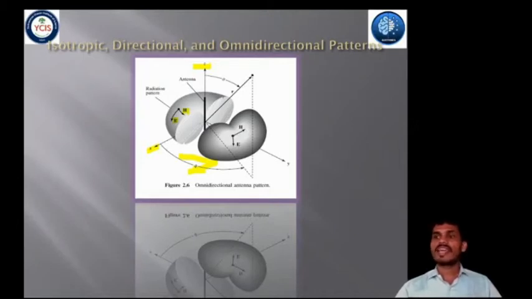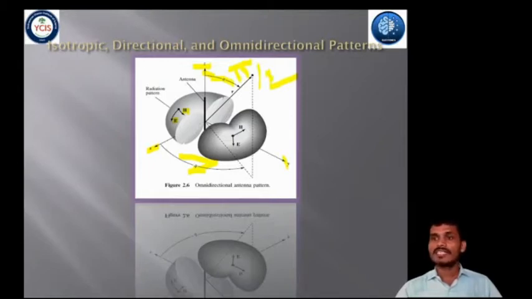The XY plane is where theta is equal to pi by 2.